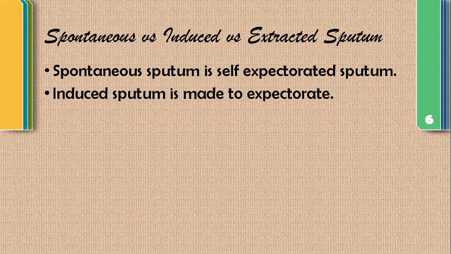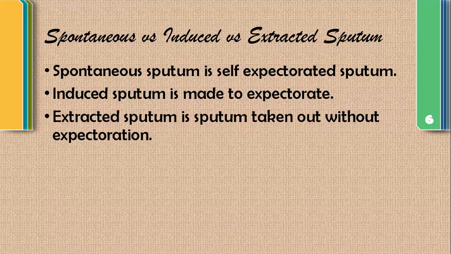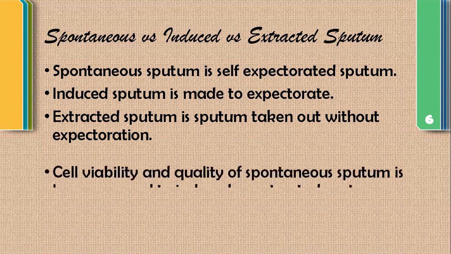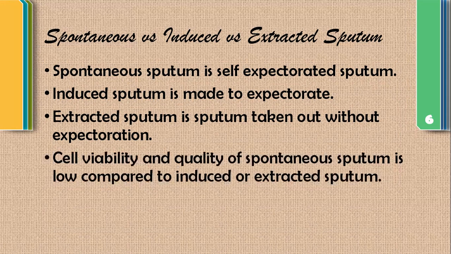In induced sputum, the patient is made to expectorate sputum. The next thing is extracted sputum. Extracted sputum is the sputum which is not expectorated either naturally or via use of any other devices, but rather it is taken out from the respiratory tract. The difference here is that the cell viability and quality of spontaneous sputum is low as compared to the induced or extracted sputum.